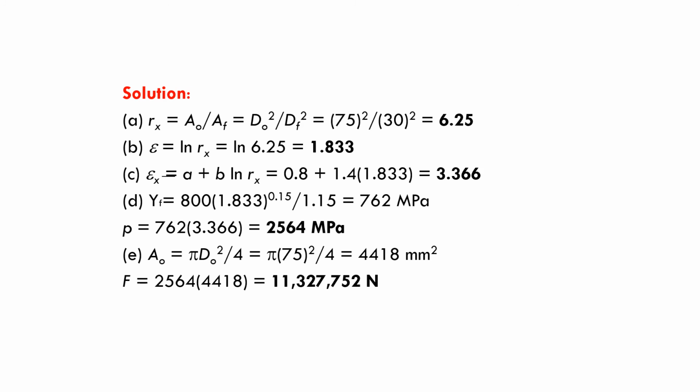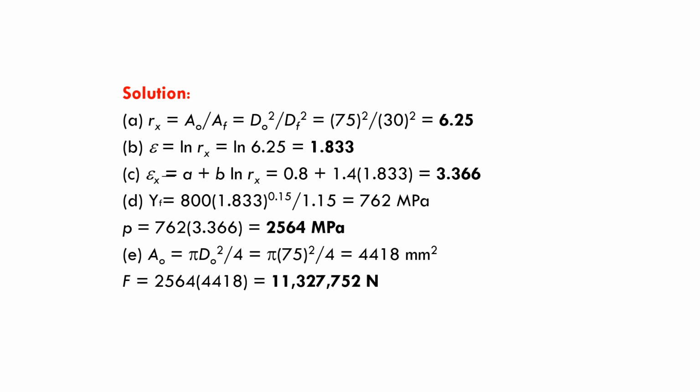For A, you have to calculate the reduction. So Rx equal to A naught over Af. Quite simple, you can just simplify the equation. It becomes d naught squared over df squared. So you will get the value 6.25. Then you have to calculate the homogeneous true strain.